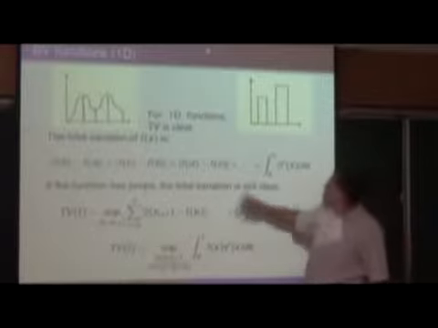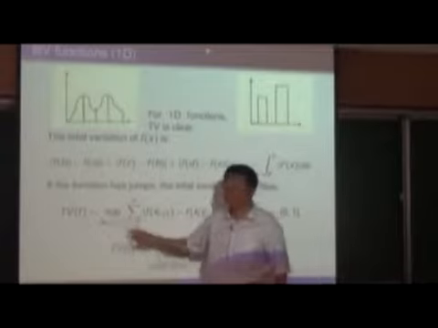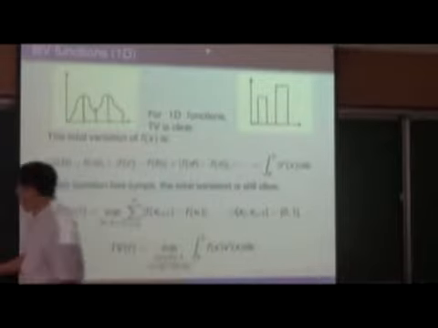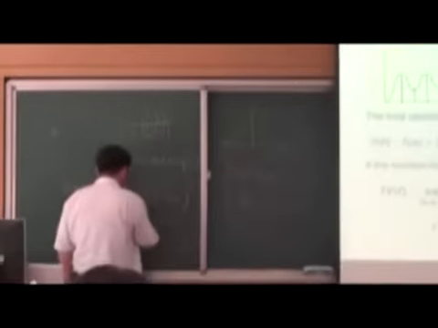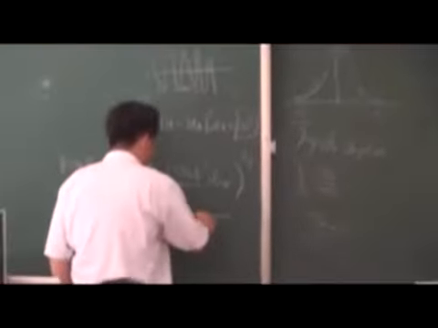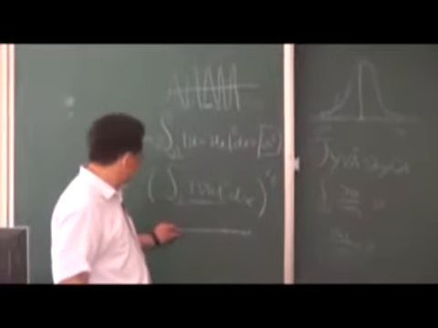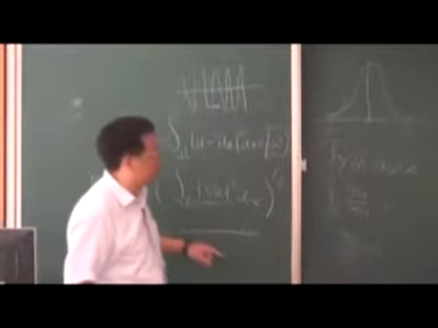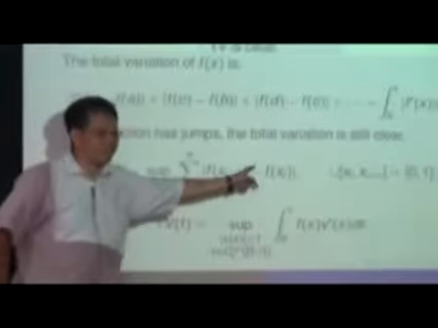For this function, you give an arbitrary mesh. For 0 to 1, here is your region omega, and you have an arbitrary partition. There are infinitely many partitions. For each partition there is a jump, a variation.